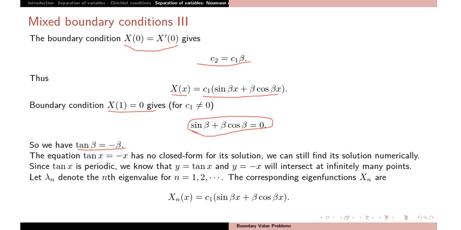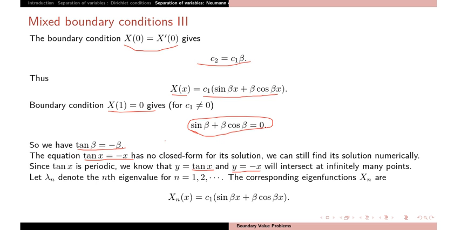So to find beta, you need to solve this nonlinear equation similar to tan x equal to minus x. And you have studied that this is a numerical root finding problem, and you can apply Newton's method or whatever you want to solve this problem.